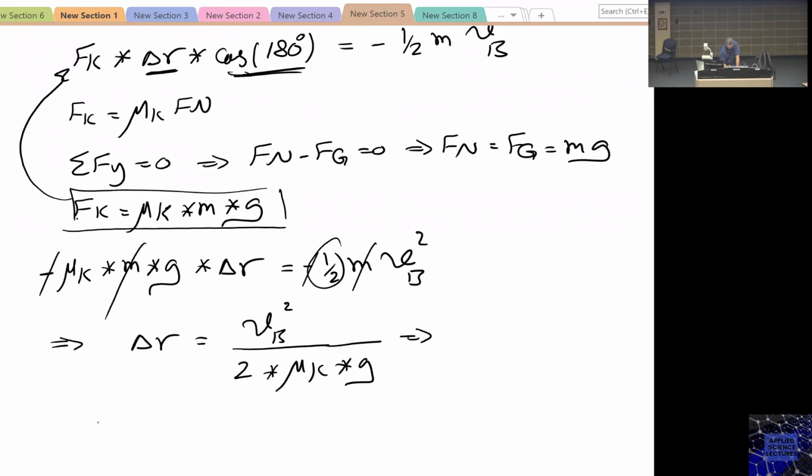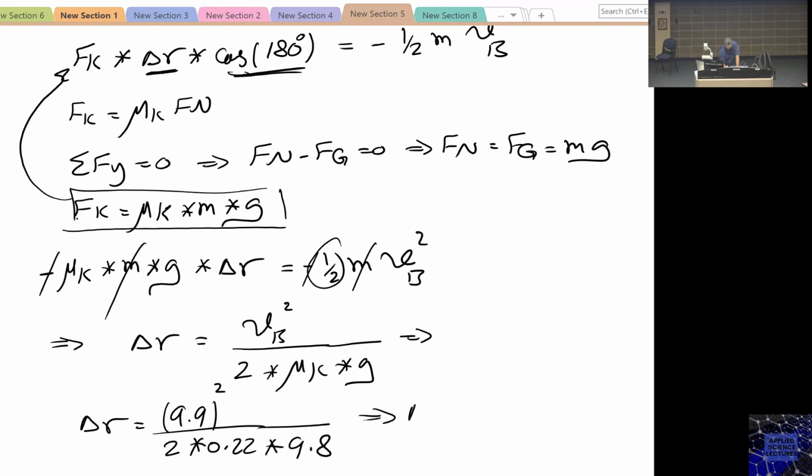or delta r is 9.9 squared divided by 2 times 0.22 times 9.8. Delta r equals 23 meters, based on the significant digits we have in this problem.